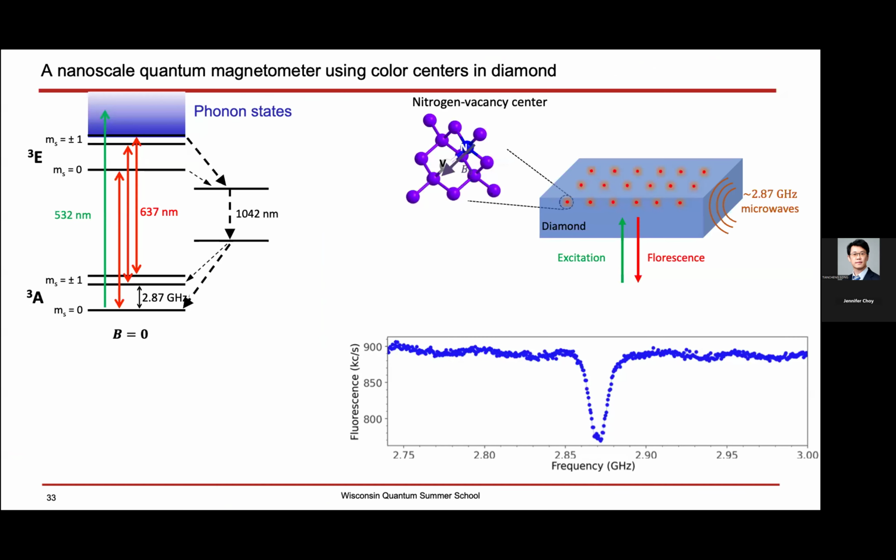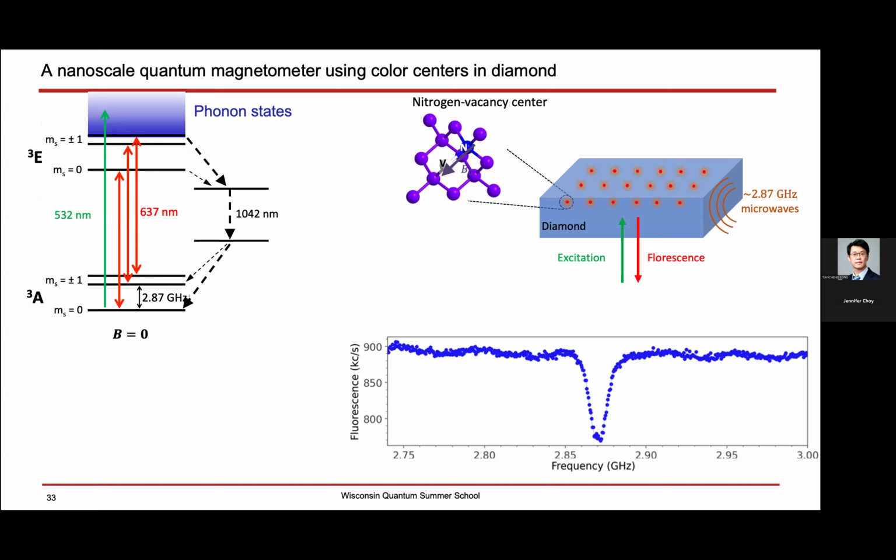Okay, so now going back to sensing. As promised, we can indeed run these as sensors. The way we do that is a technique known as optically detected magnetic resonance. I'm out of time to really explain what it is, but you can think of it as using an optical measurement to measure the spin state of the quantum system, which is not a concept that's foreign to this talk.